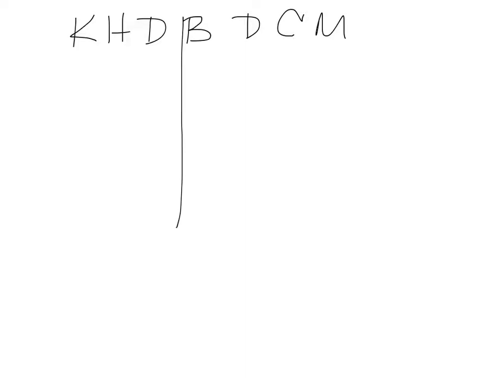Okay? So in the metric system, there is a mnemonic device that I use to remember the metric system. So we have kilo, hecto, deca, and then we have base units, and then we have deci, centi, and milli. And this is just your table. Instead of being vertical, I'm doing it horizontally.